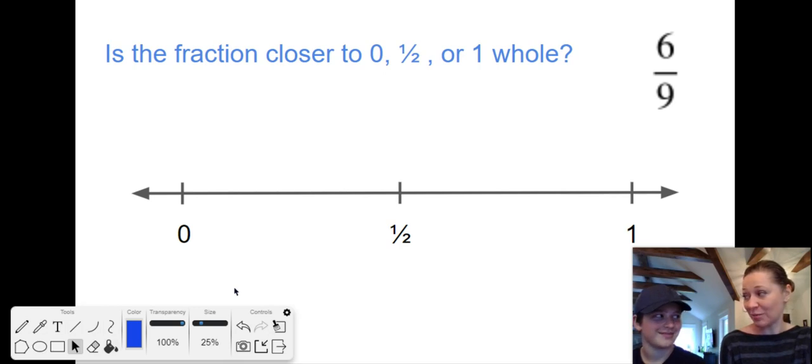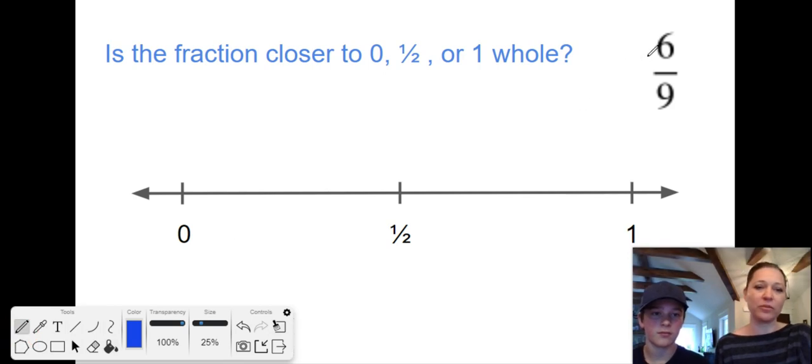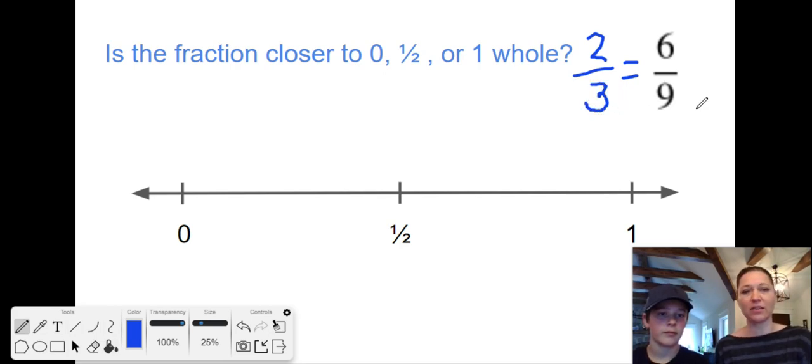All right, Dane, tell me what you would think about 6/9. 6/9 is also equivalent to 2/3. Okay, so now you're thinking about equivalent fractions again, but you're noticing that I can think about 6/9 as 2/3 by combining some of these parts together, right?